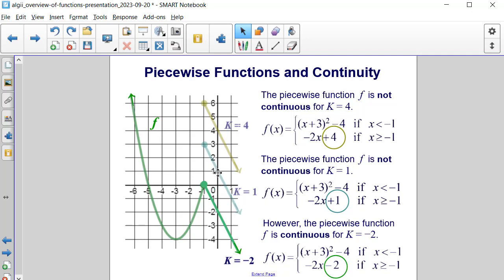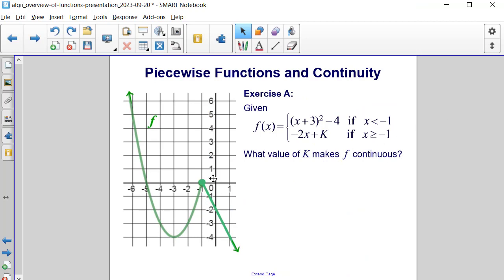If we have k equals 1, that would give us the y value of +3 when x is -1. It's still not touching our parabola section. However, the piecewise function does become continuous when k is equal to -2. When you have -2x minus 2, it will end up intersecting the parabola at the point -1, 0. So the desired k value is -2.